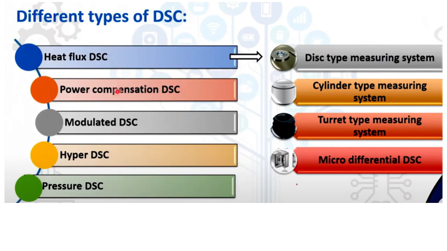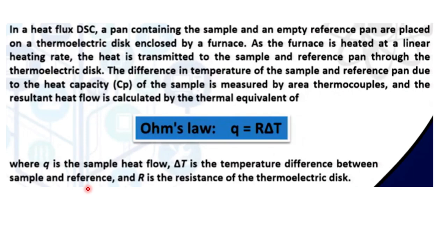These two DSCs are mainly used in any lab or any R&D. The third one is the modulated DSC, hyper DSC, and pressure DSC. So these are the 5 different types of DSC, but most common are heat flux and power compensated DSC.